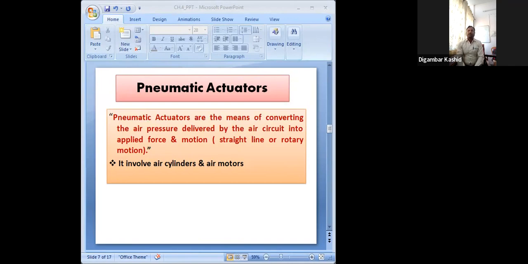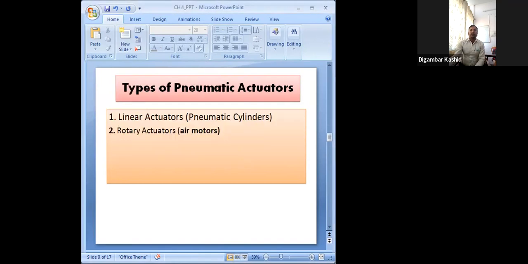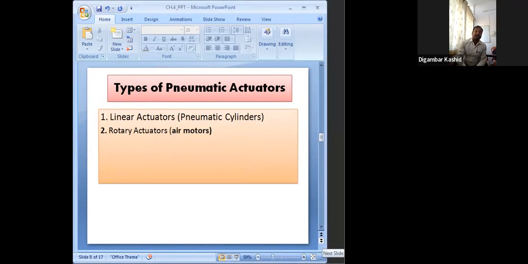Depending on that, the pneumatic actuators are divided into two types. Based on the type of motion produced by the actuator, they are categorized into two types.